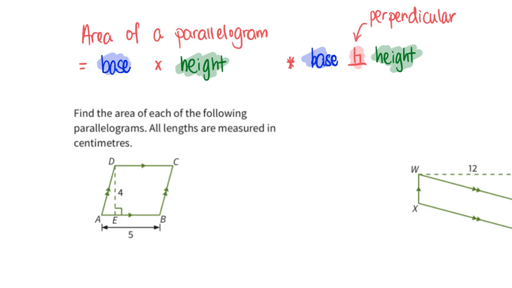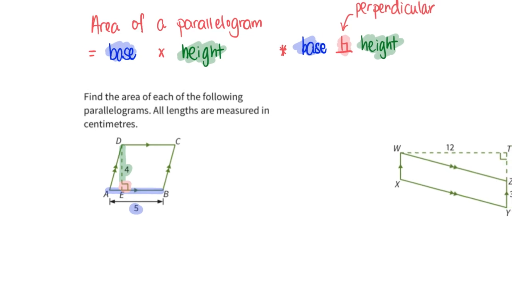So in this case here, since we are given 5 and we are also given a perpendicular height of 4, all we have to do is to multiply 4 by 5 and we will get the area.